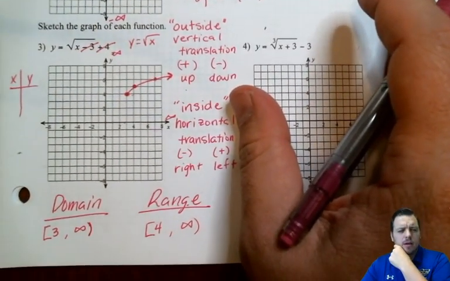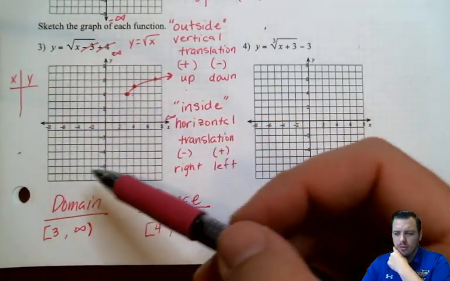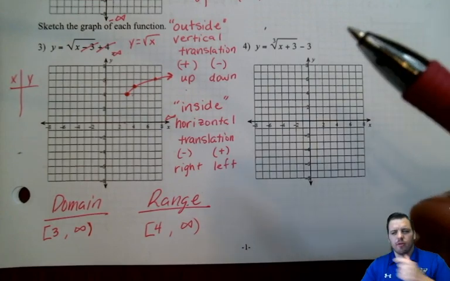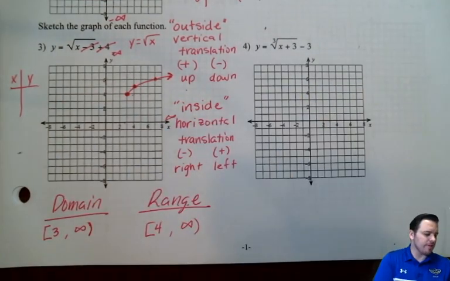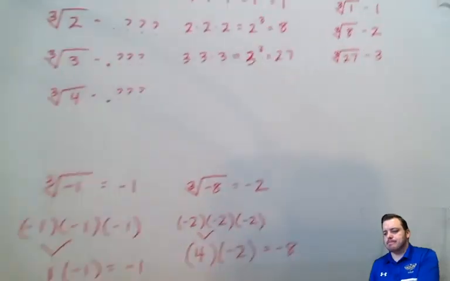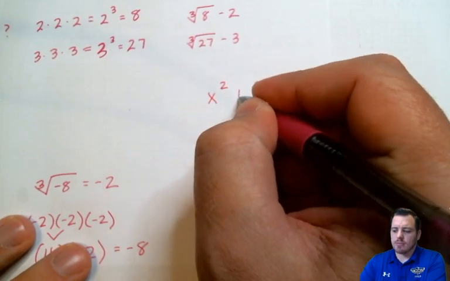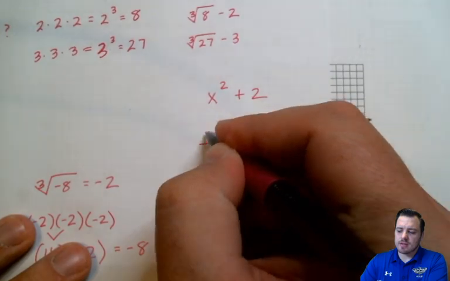All right, Taylor. So I assume we're talking about number 3. As I said, Taylor, we did the same thing with x squared. When we would have x squared plus 2, the normal graph of x squared looks like this.